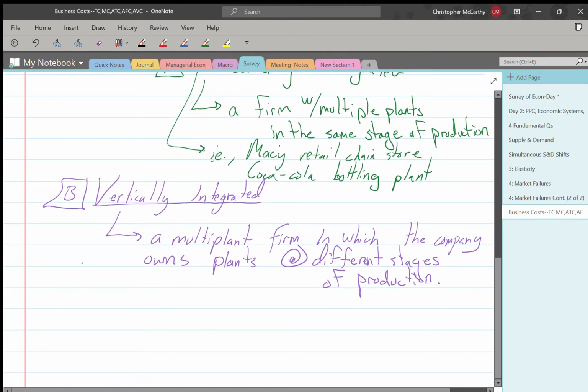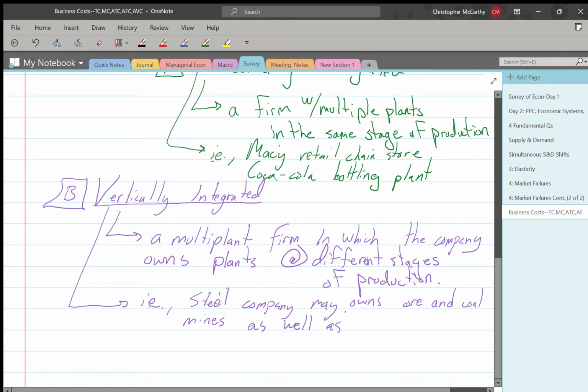So an example of this might be, you know, some steel company that owns ore and coal mines, as well as other different plants at different stages of the steel manufacturing process.